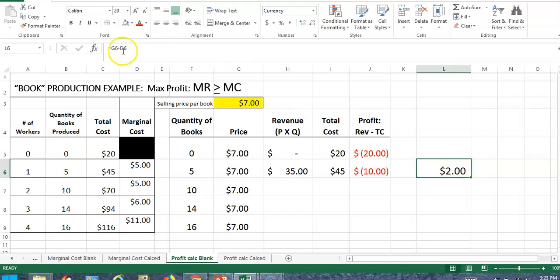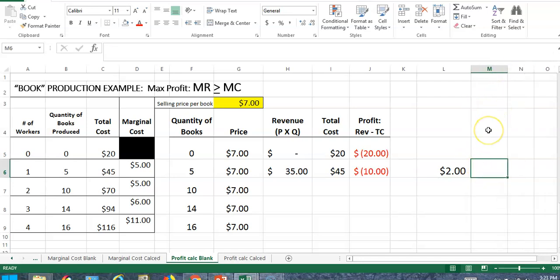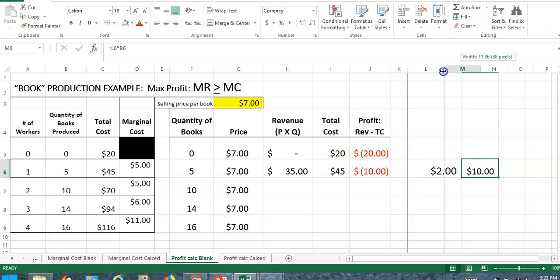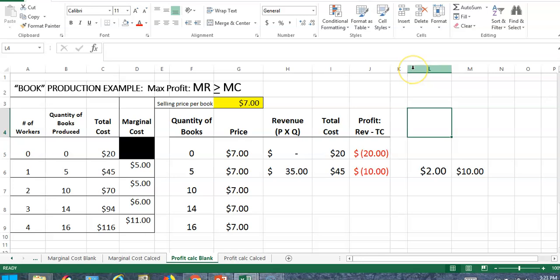But since we're producing 5 extra books, for each of those our profit goes up by the $2 times the 5 extra books, or profit goes up by $10. So notice that calculation. I guess I will label these.